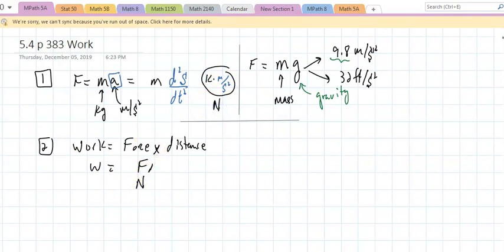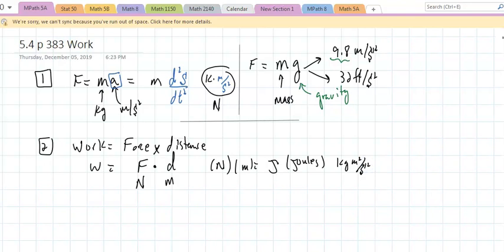And I don't want to put an X, you might think it's the cross product, times distance. Distance normally is in meters. And if you take newtons and multiply them by meters, that gives you joules, right? Which normally are kilograms meters squared per second squared.